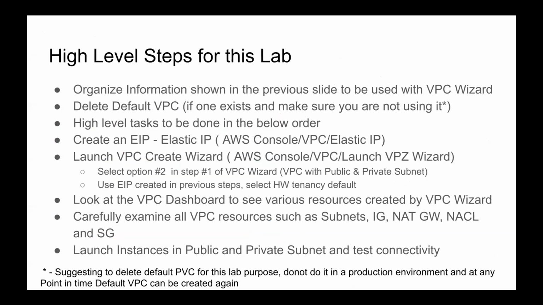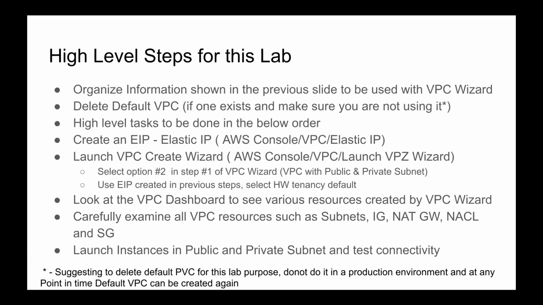Okay, so moving on, I think I summarized most of the information. When we create a custom VPC, just to keep it simple, we will be deleting the existing default VPC. But as I said, don't do that unless you know what you're doing, and especially not in a production environment.